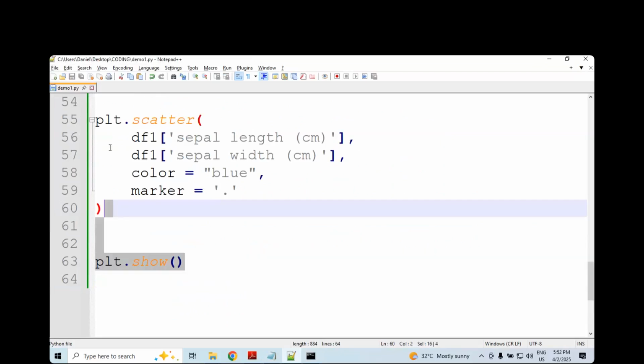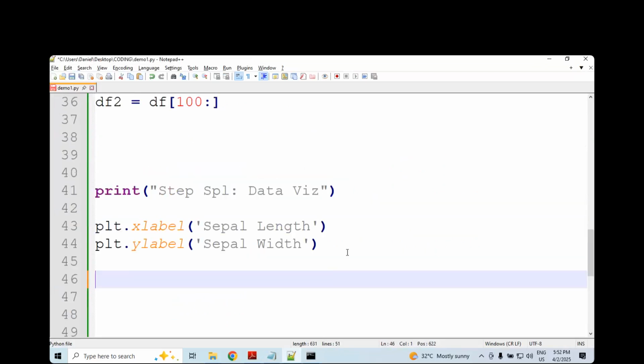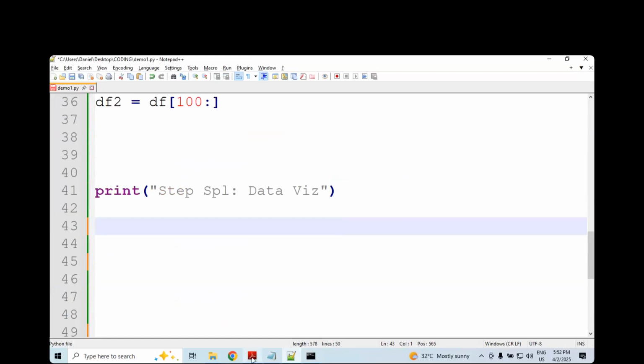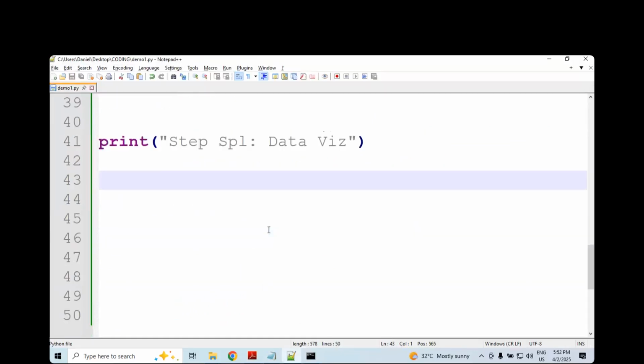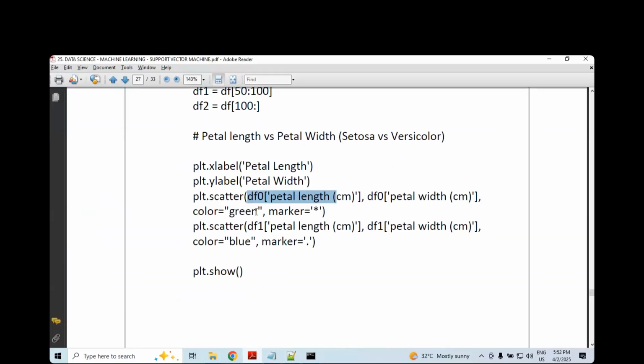Let us delete all these things, not everything. Now from here onwards, I would like to write from scratch. Get ready, sir. Petal length, petal width. Yeah, it's okay.